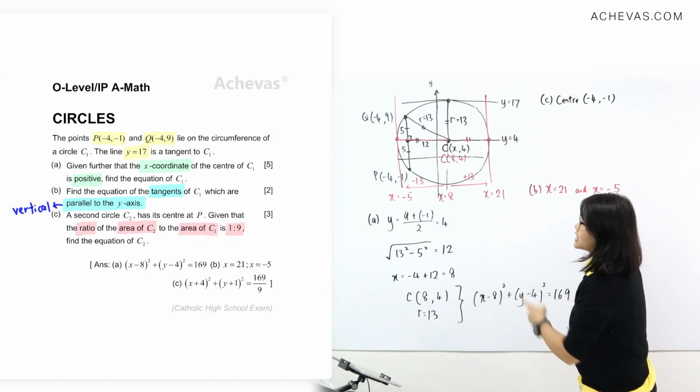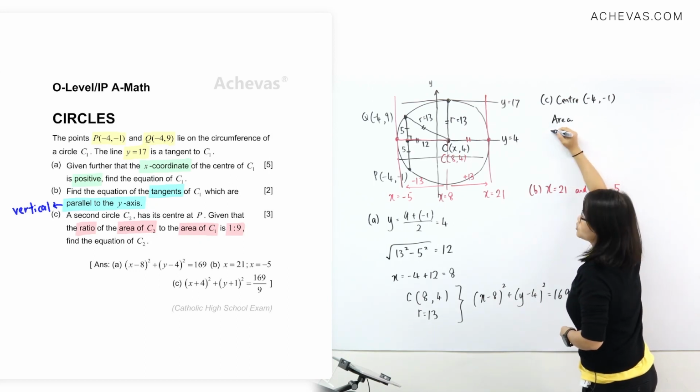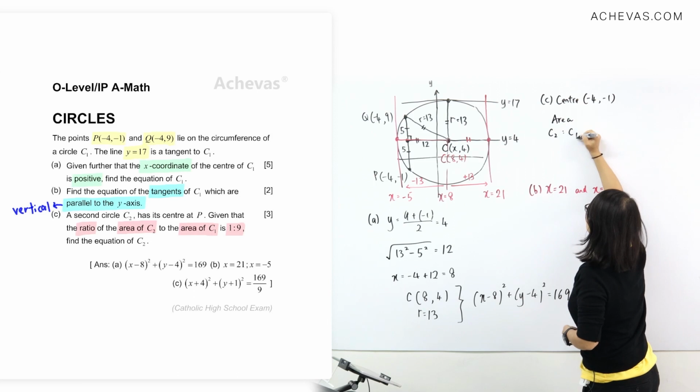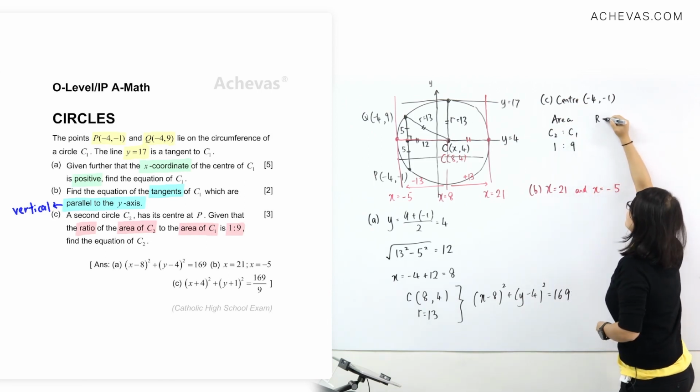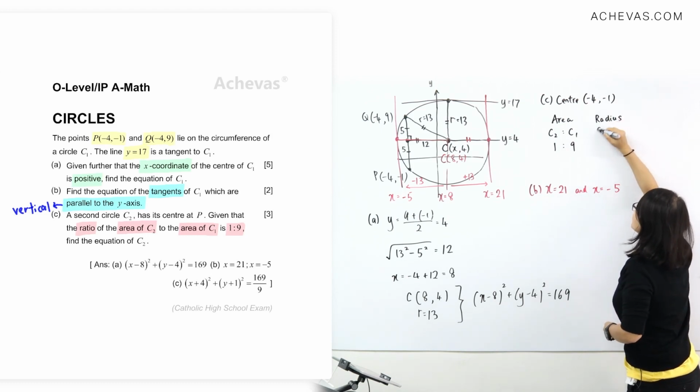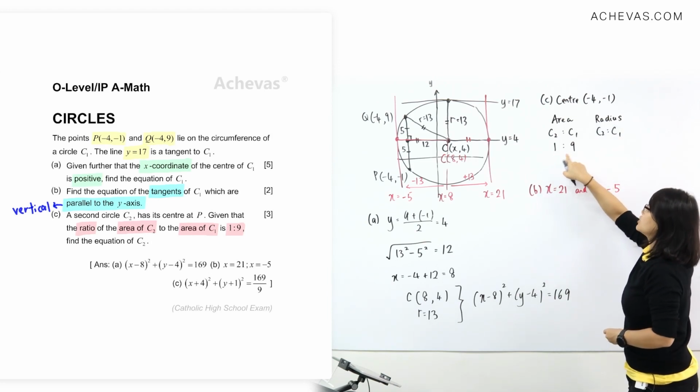Now let's take a look at the area ratio that's given to us as C2 to C1, that is 1 to 9. We're going to translate it into a ratio for the radius of C2 to C1. So we take the square root of these two numbers.